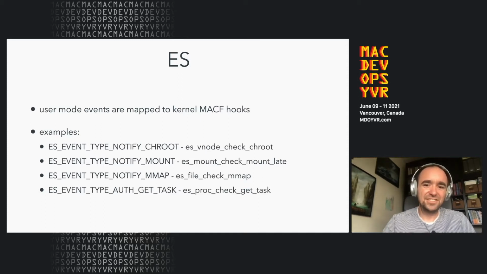Here are a couple of examples. The ES_EVENT_TYPE_NOTIFY_CHROOT event, we get it when chroot is being used. It's related to the mpo_vnode_check_chroot MAC policy hook. The mmap event is related to the mmap policy hook in the Endpoint Security MAC framework.